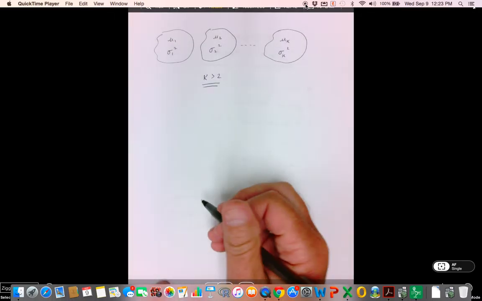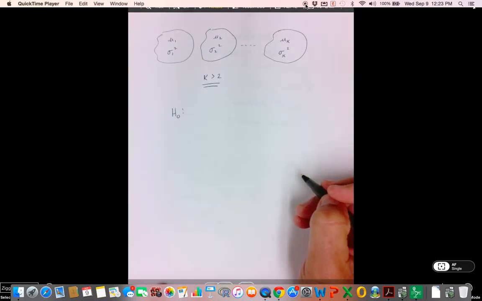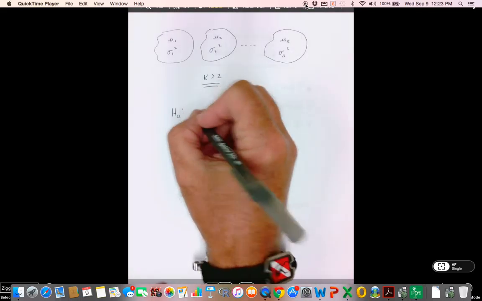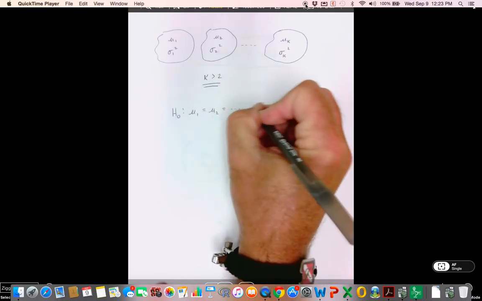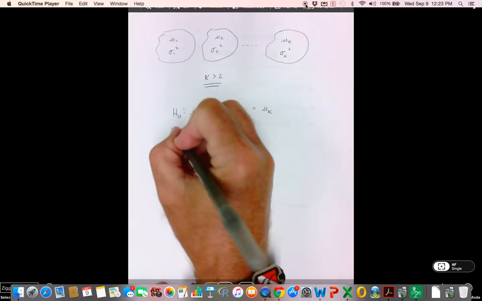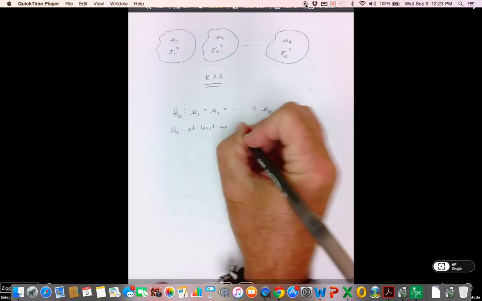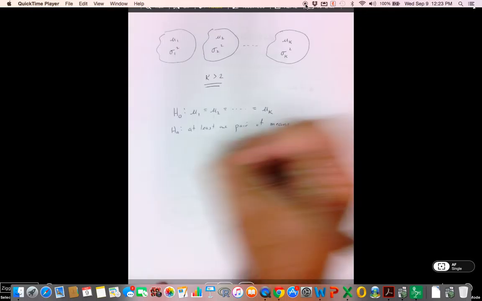Now, what we end up doing here is looking at a null hypothesis that is similar to what we did with a two-sample pooled t-test, but we assume that the population means for all populations are equal, against the alternative, that at least one pair of means is different.